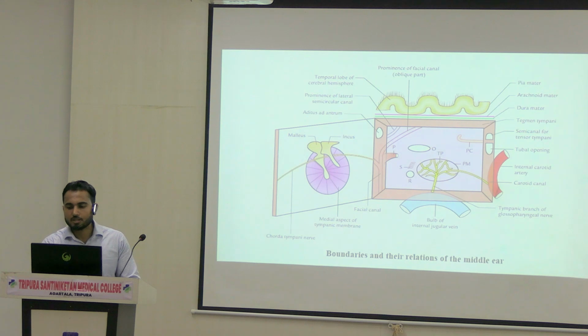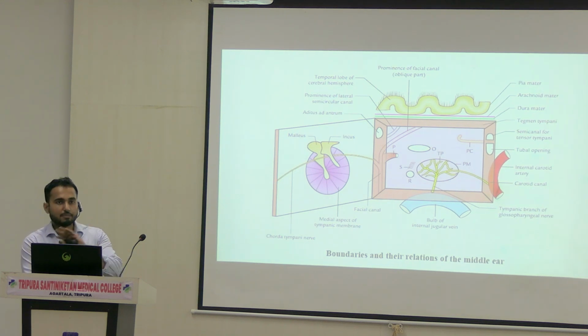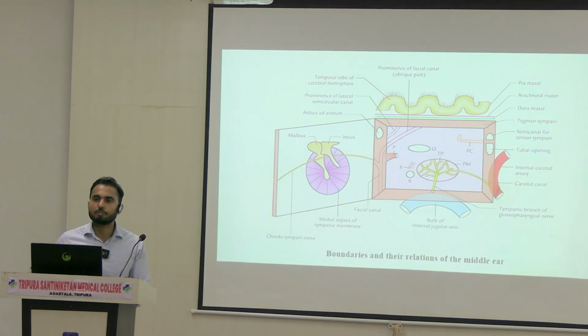Next, the round window is covered by a fibrous membrane called the secondary tympanic membrane. You have studied the normal tympanic membrane.